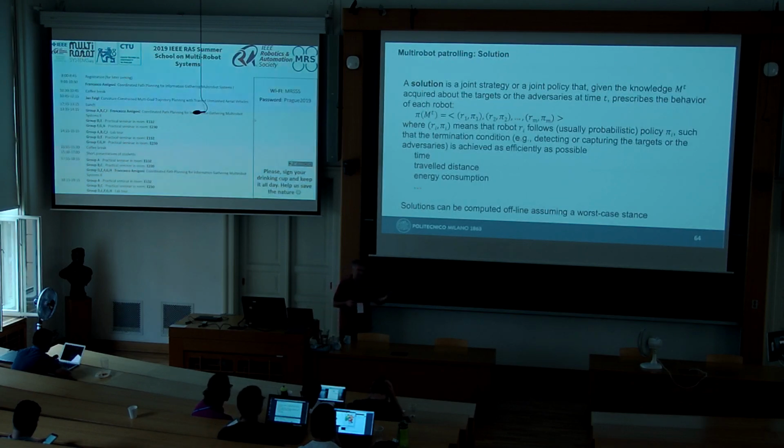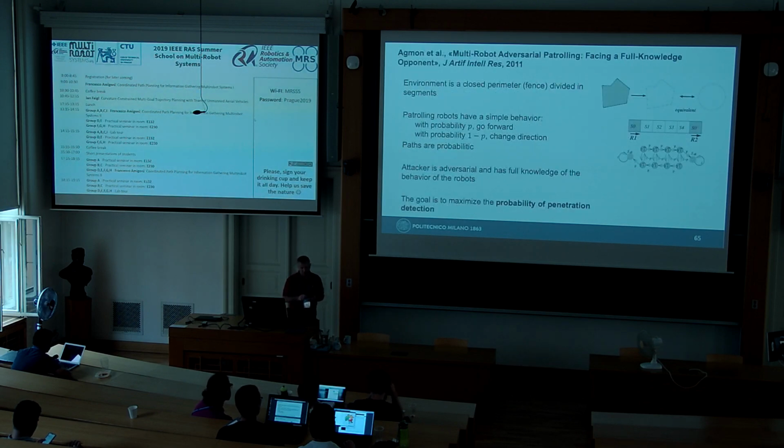So you are assuming the strongest opponent possible, okay? And then you can calculate an offline solution with some guarantees. So just to show you one example of this is by Noa Agmon, Journal of Artificial Intelligence Research, JAIR, 2012, okay?